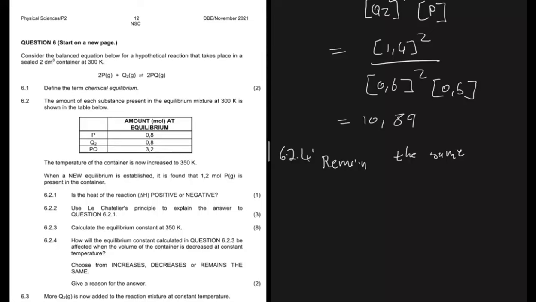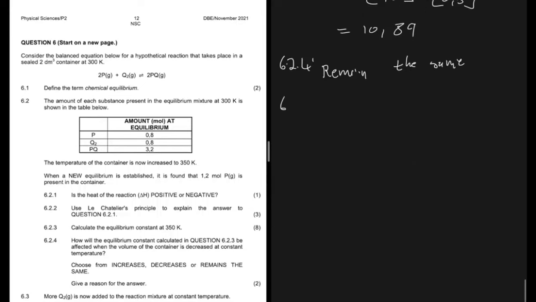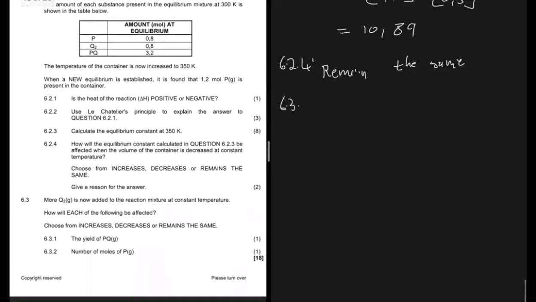Only temperature can change Kc. Because if we increase or decrease the volume, then we have done that for both the reactants and the products. So if it slows down the forward reaction, it's also going to slow down the reverse reaction equally. So Kc at the end of the day is going to remain intact. The only thing that affects Kc is the temperature. 6.3 says more Q2.